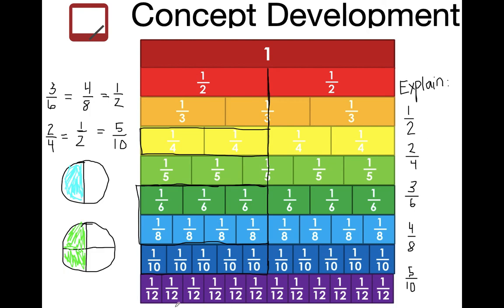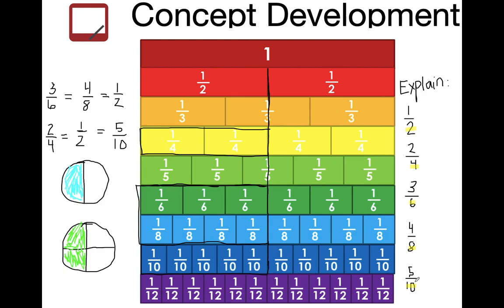Okay, I would like every single one of you to think about what you notice about the denominator in each of these fractions. I'm highlighting it. The denominator in each of these fractions. What do you notice? Explain what is happening to each of our denominators. What are we skip counting by almost? Think about it.